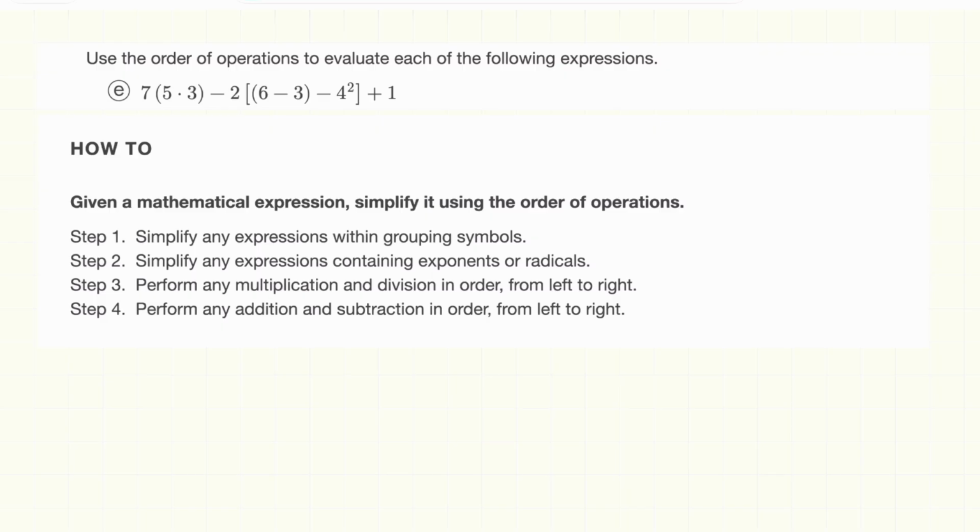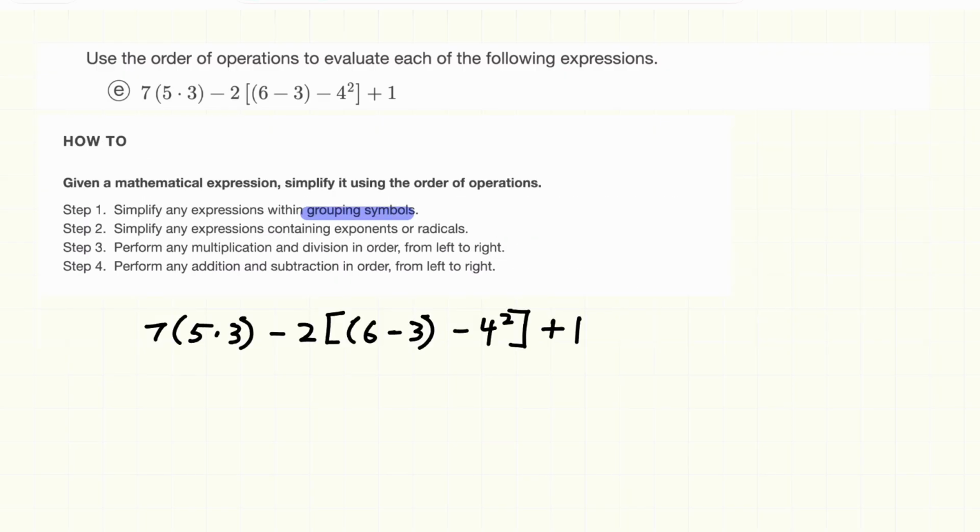And lastly, for E, doing our grouping symbols first, these are grouped together. And actually, this part of the expression is grouped together, but inside of that is another grouping. So we have nested grouping.